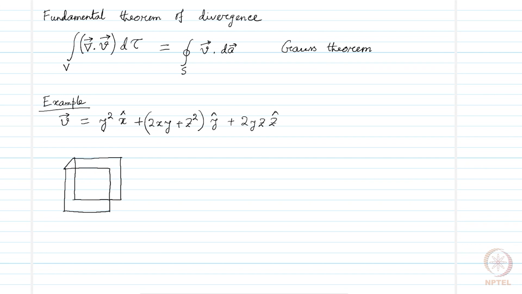Here is our cube, and the axes are labeled this way. This is x axis, this is y axis, and although my drawing is not good, these axes are orthogonal, and the last one is z axis. The arm length of this cube is unit 1, 1 and 1.